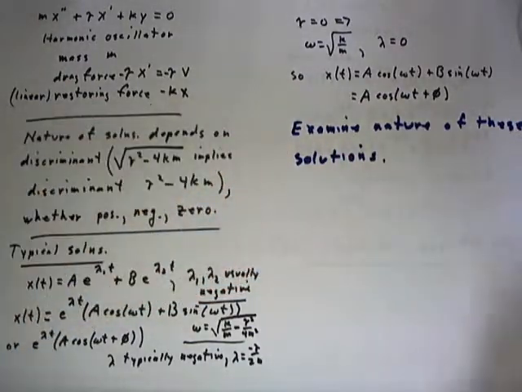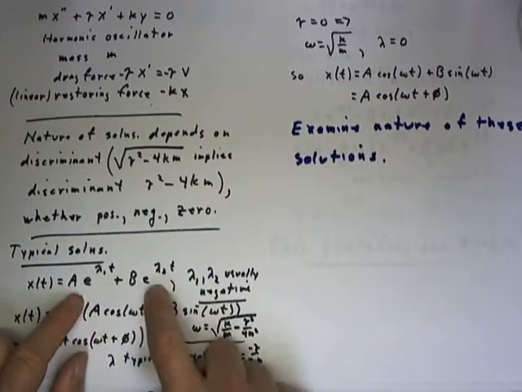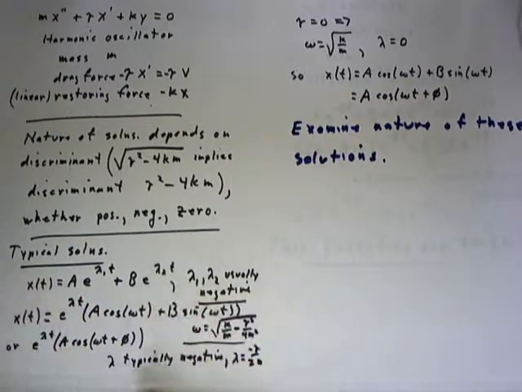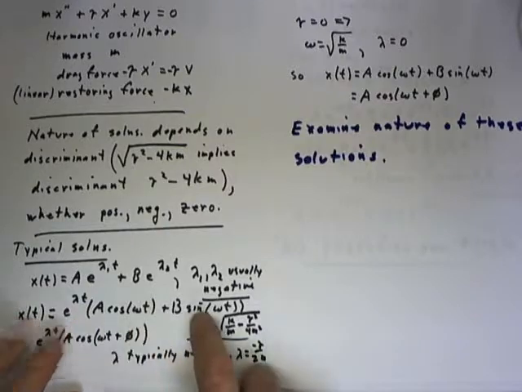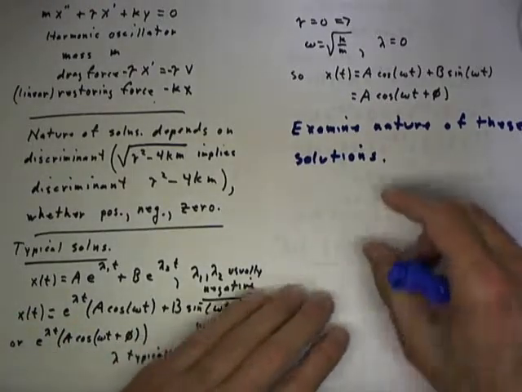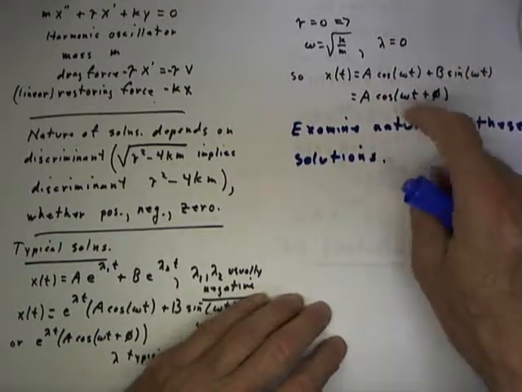We pretty much know where they come from, and with experience we'll have a better idea of where these solutions come from. But what is the nature of a solution that looks like this, as opposed to a solution that looks like this, or as opposed to a solution that looks like this or this?